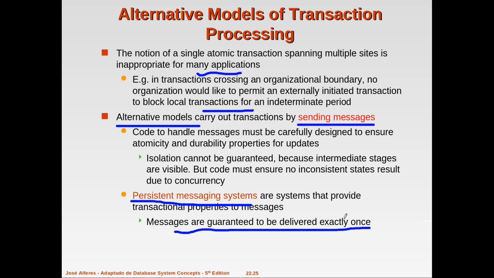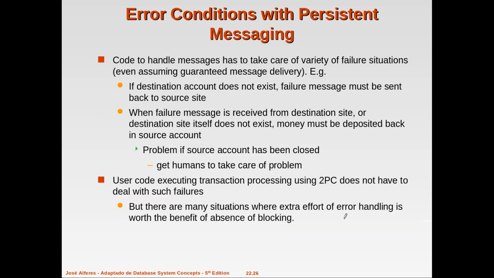It might be confusing, so we'll look at an example where a persistent messaging system can be applied. If the destination account does not exist when we are doing a bank transaction, how will it handle that situation? It will send a message to the source site that the destination account does not exist.